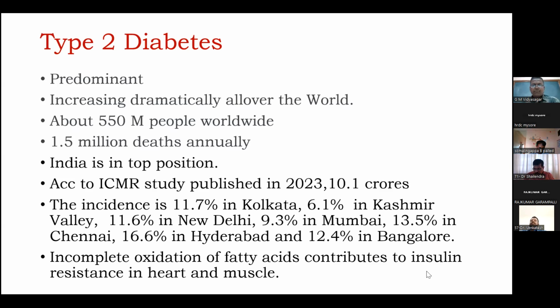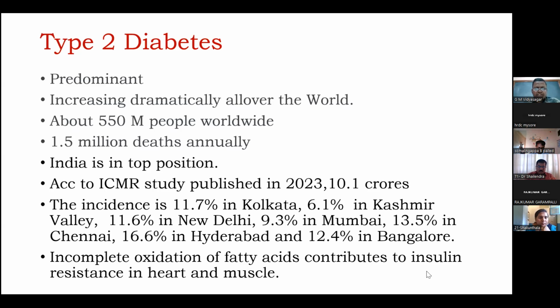So these studies indicate that the south is leading in diabetes as compared to the north and the hilly regions of India. We don't know the reasons behind all this, but the picture shows that South India is more predominant for diabetes, and especially Hyderabad.